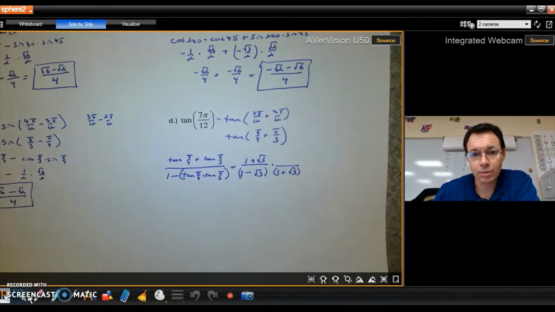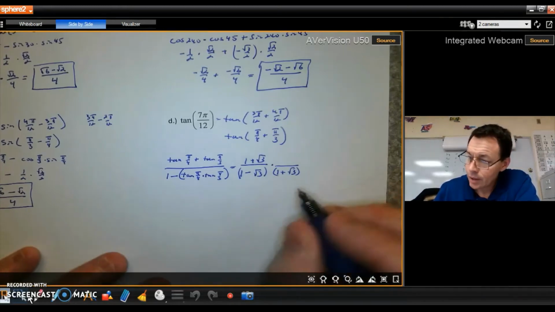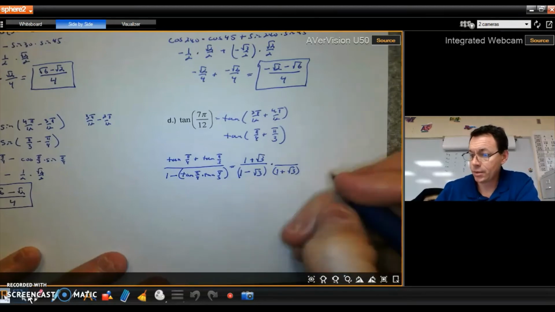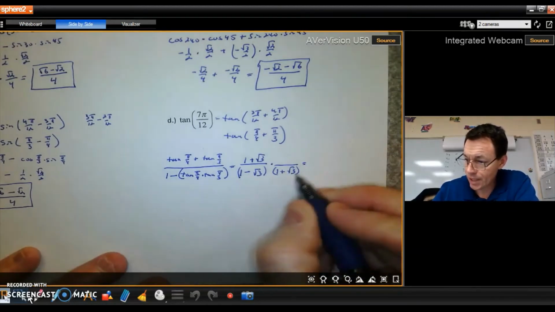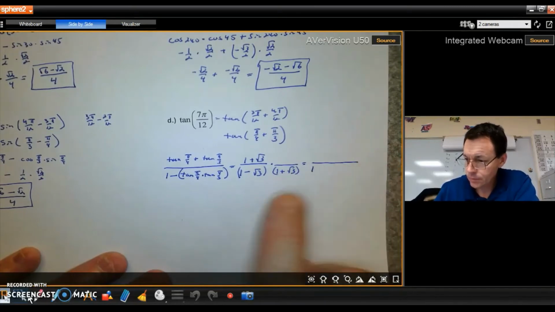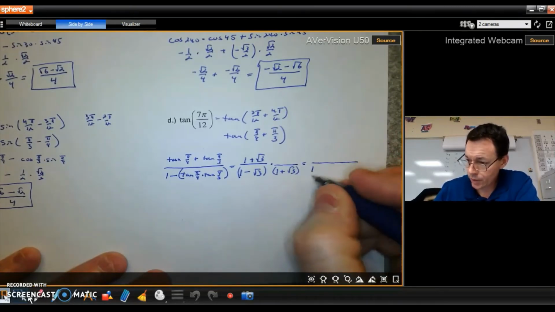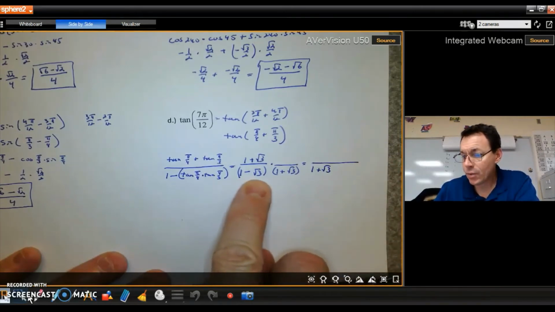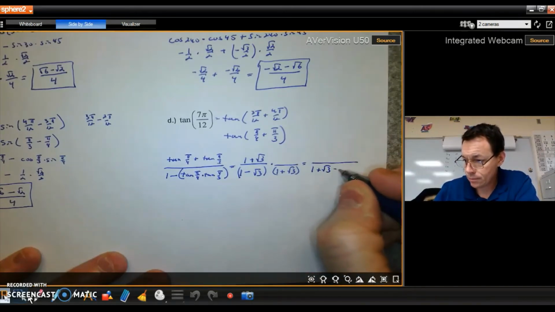That's what we're going to do. We're going to multiply those two things together. Now, how does that help? Well, now you would have to FOIL. This is a binomial times a binomial. So if you FOIL this out, you would get 1 times 1. You would get 1 times radical 3. But then you would get negative radical 3 times 1.